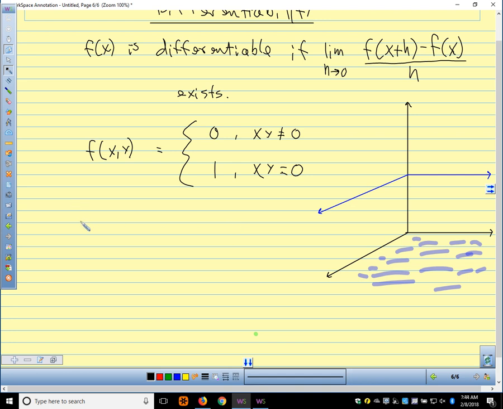All right, so let's look at the limit as (x, y) approaches (0, 0) of f. Along y equals x, what is the limit? So along this, it would be 0, right? As we get closer and closer, our limit is 0.